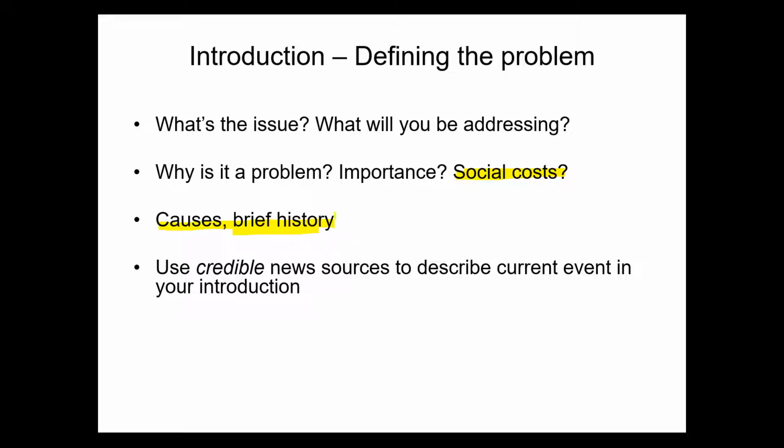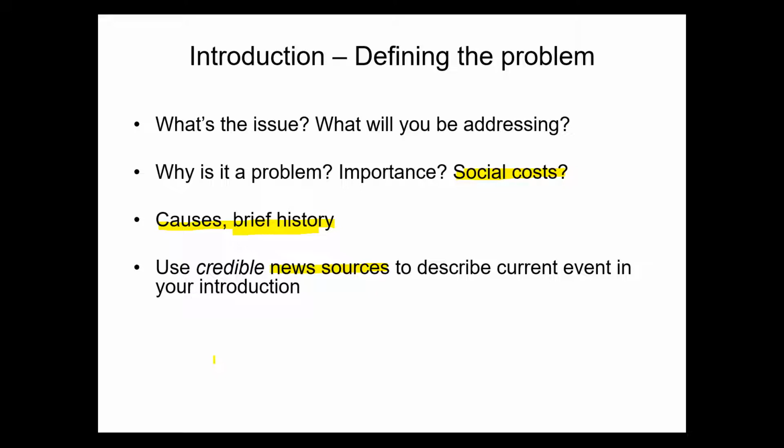Now, your credible news sources can also help you describe what is going on now, or even some valuable news reports from the past that can bring the reader up to speed. But again, your news sources, which need to be credible, legitimate news sources, can also help you describe what's going on, and not just in the introduction, but throughout your paper as well.